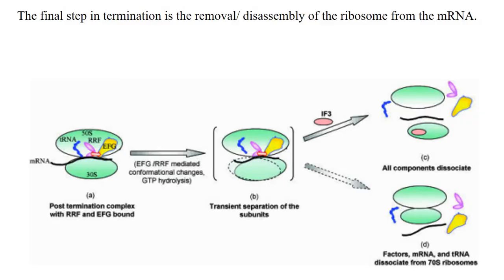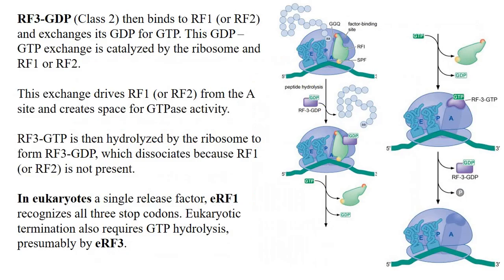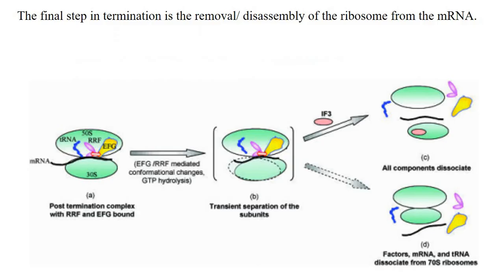Okay, so until now we talked about how the peptide is removed and the A site is free, but the mRNA is still bound and the ribosomes are still bound, so these need to come apart as well for termination to be completely over. So the final step of termination is the disassembly of the ribosome from the mRNA.